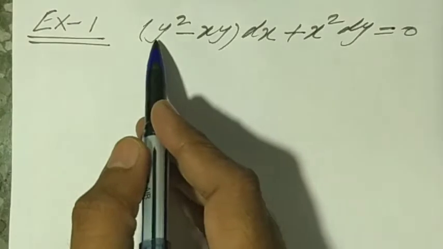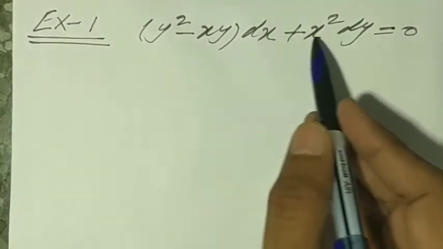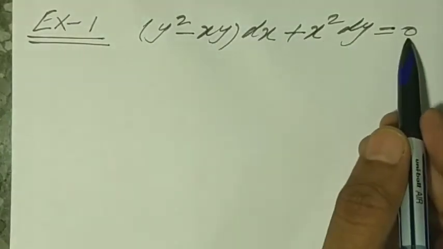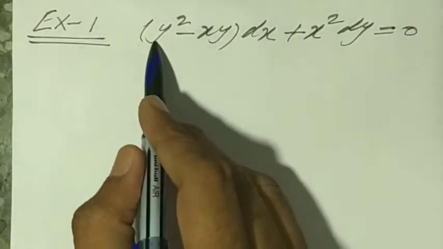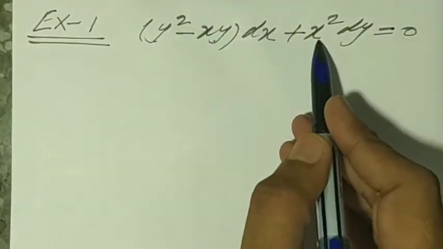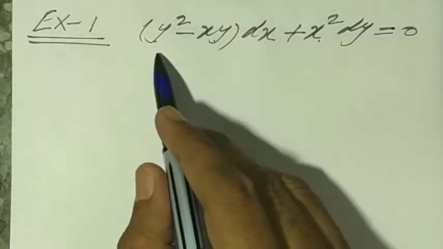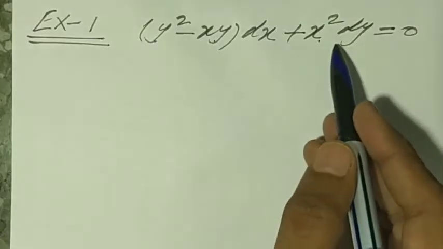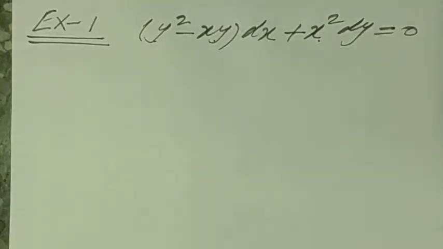So first example, y square minus xy dx plus x square dy is equal to 0. So by observing each and every term of equal degree, we can identify this is a homogeneous differential equation. So after identifying this differential equation as homogeneous differential equation, then we have to write it in the standard form.